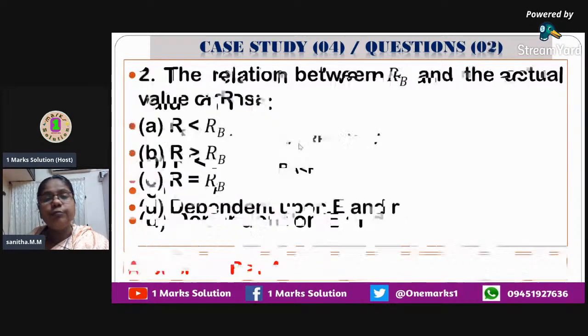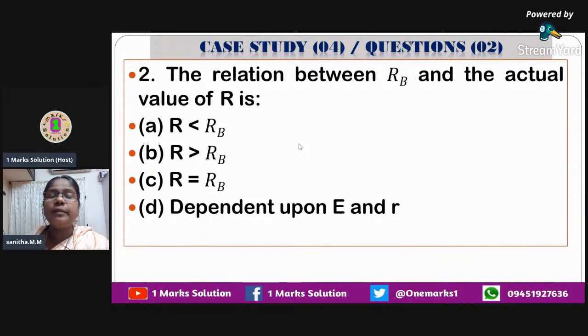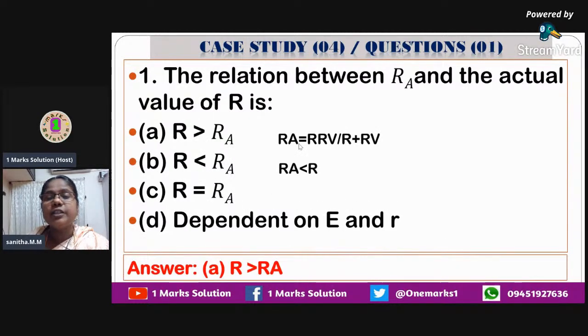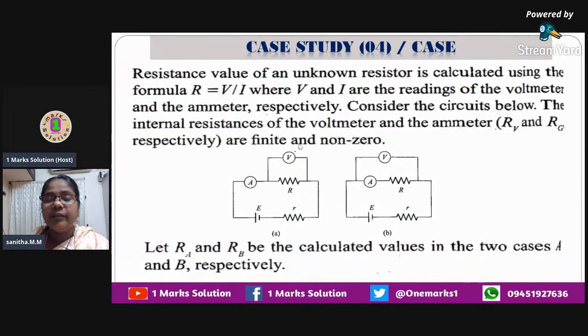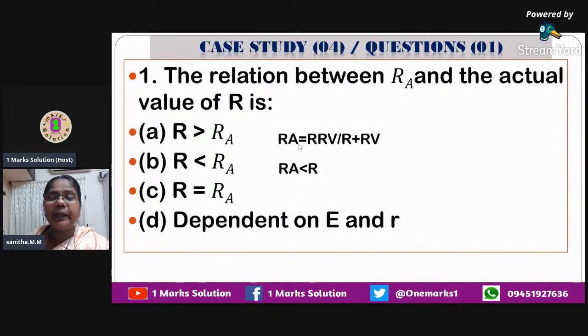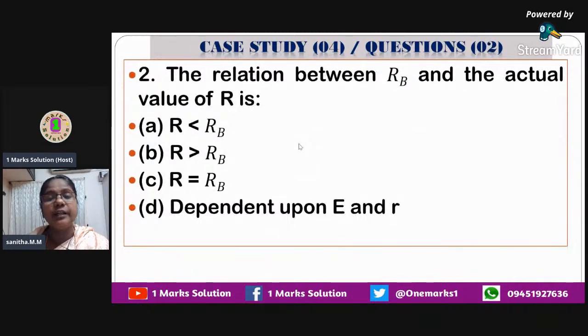Now we can go for the second question. The relation between RB and the actual value of R. See the figure. I will just show the figure again. So here we have R and A. You can see it is in series combination. So when these two are combined, in series combination, we just add them together. So what is the option?